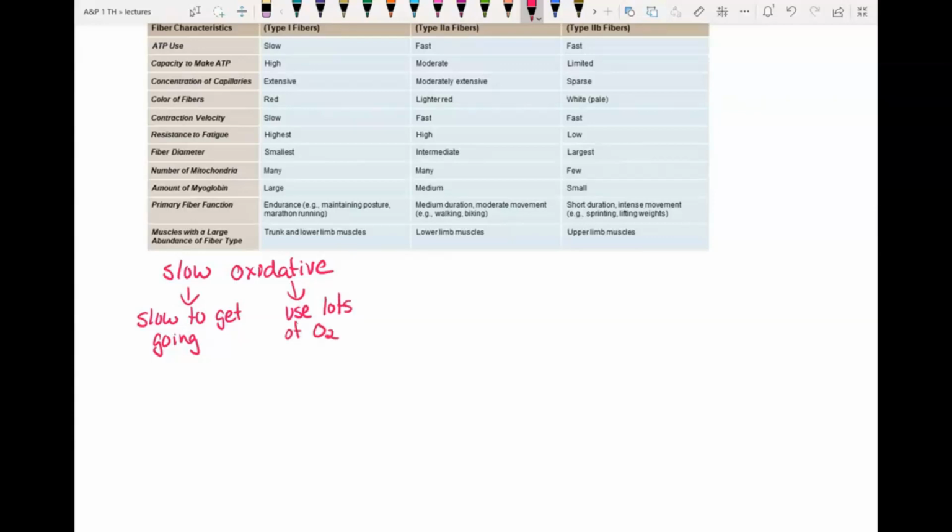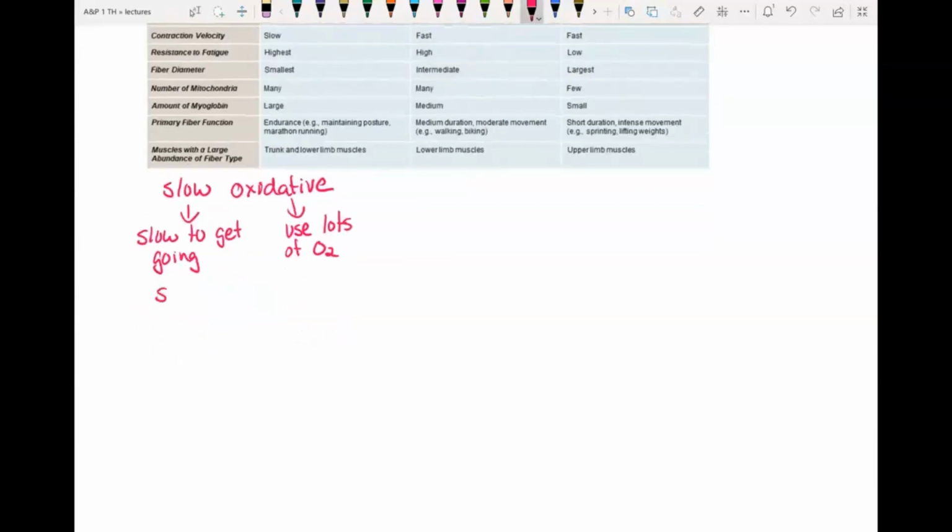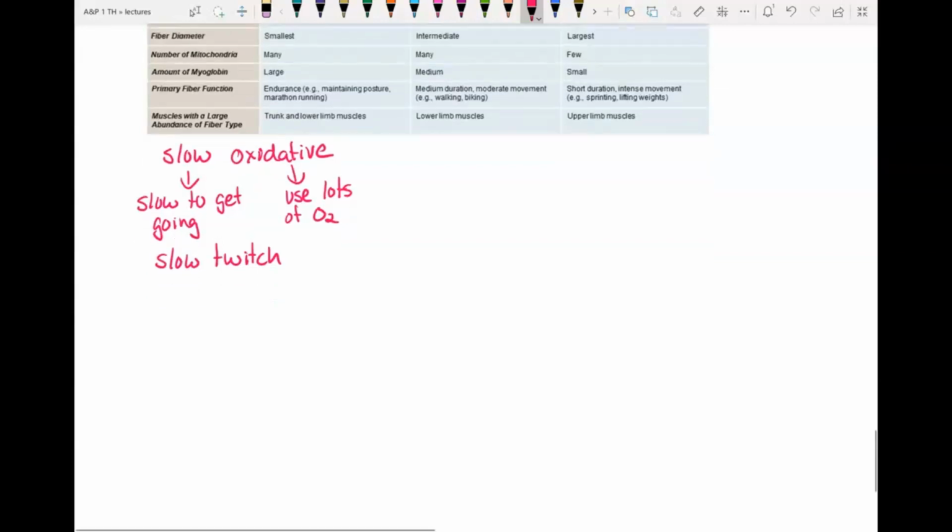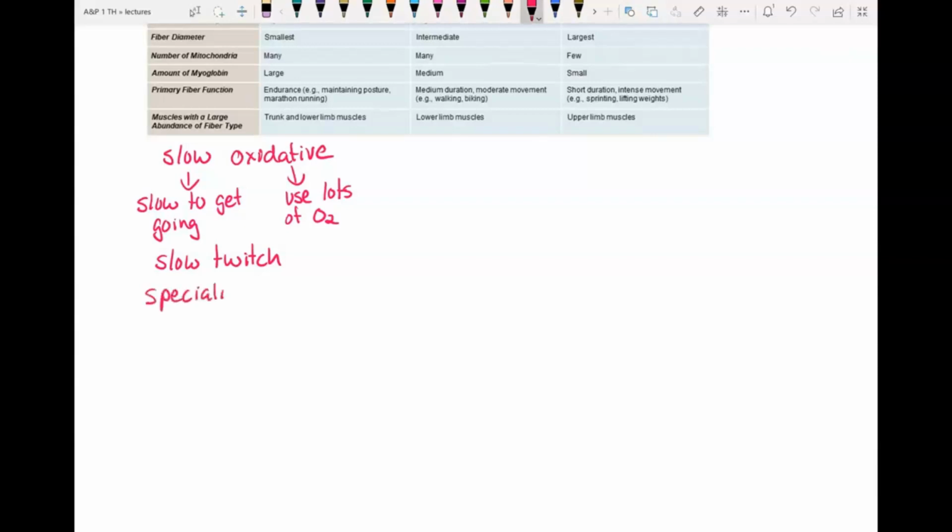Another name for these fibers is slow twitch. If you're into sports, you've probably heard discussions of slow twitch and fast twitch fibers. These fibers specialize in aerobic. So most of their ATP comes from aerobic cellular respiration.